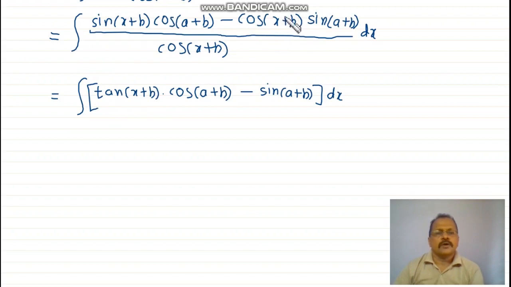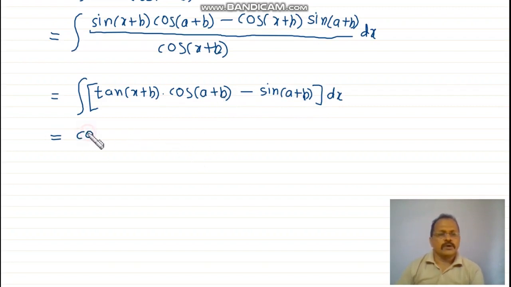Here the cos term will get cancelled and sin upon cos will become tan. Now cos of a plus b and sin of a plus b are constants and they can be taken outside of the integration sign.